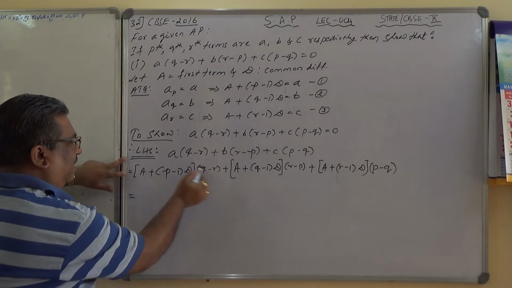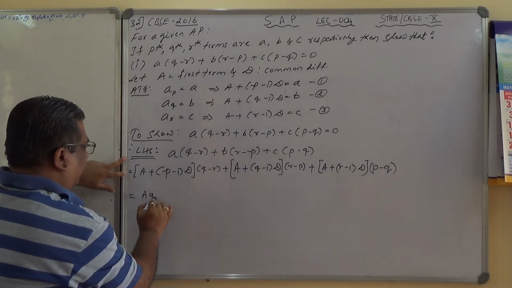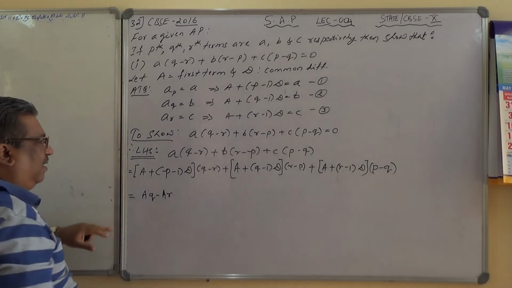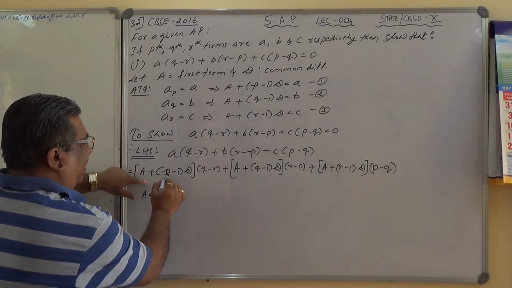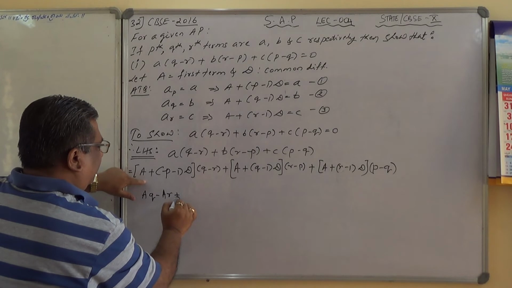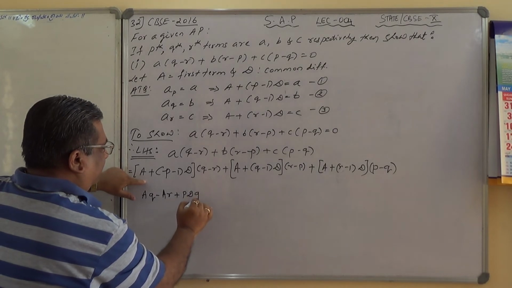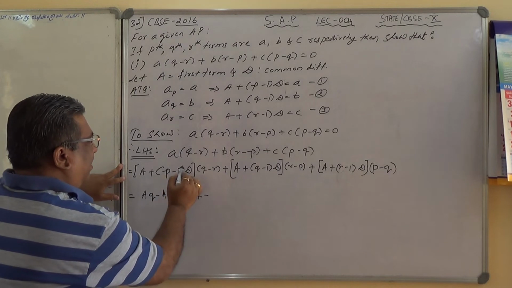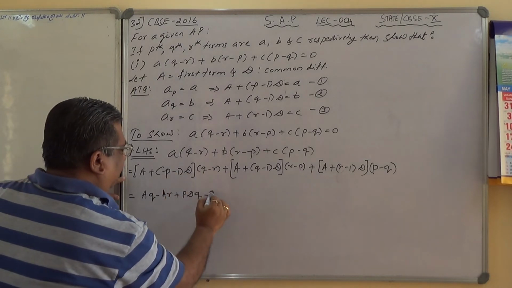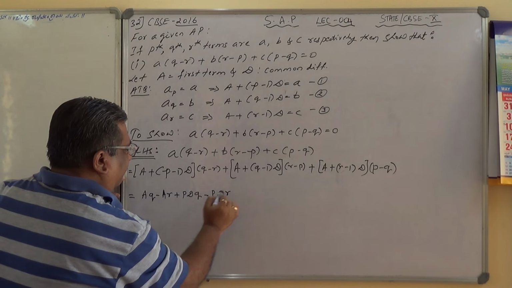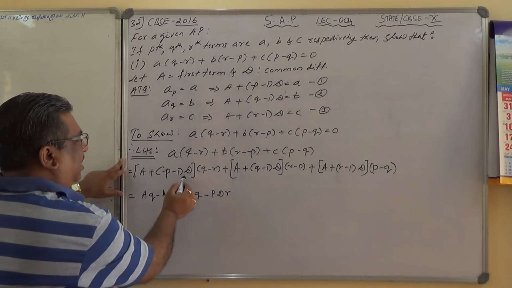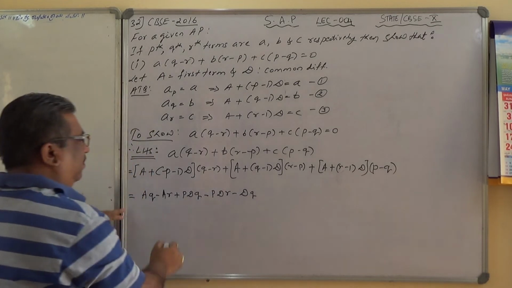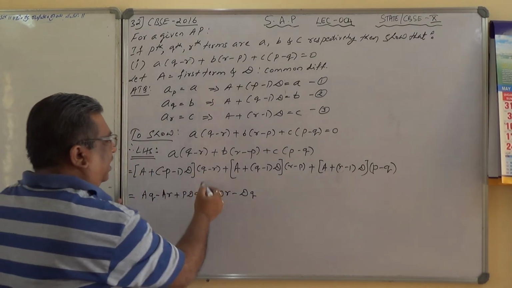So with A: Aq minus Ar, plus p into D into q. Now plus into minus, minus pDr. Okay. Next minus D into q, minus of minus plus D into r.